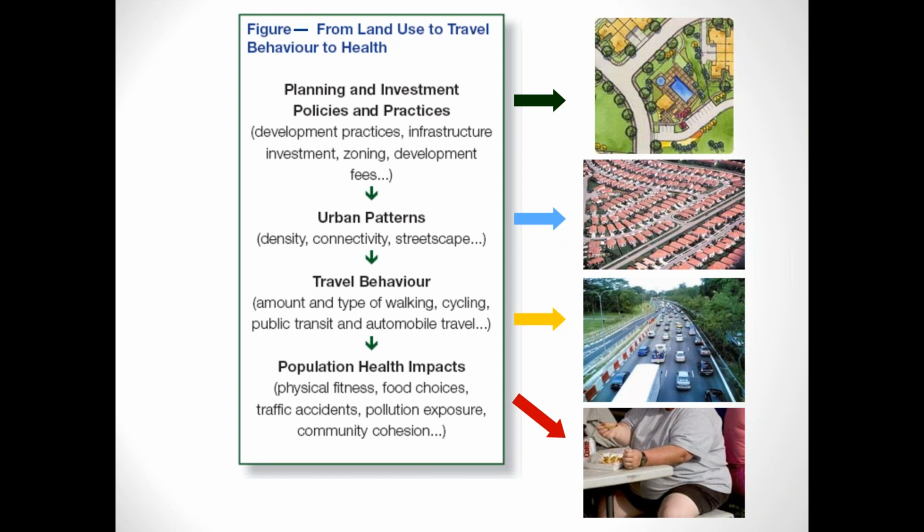We're trying to influence urban patterns, and rural patterns as well, density when and where appropriate, connectivity, and streetscape to really foster walkability and that desire to walk and meander along that path. Travel behavior is the amount and type of walking, cycling, public transit, and automobile travel. These elements impact our population health: physical fitness, food choices, traffic accidents, pollution exposure, and community cohesion.